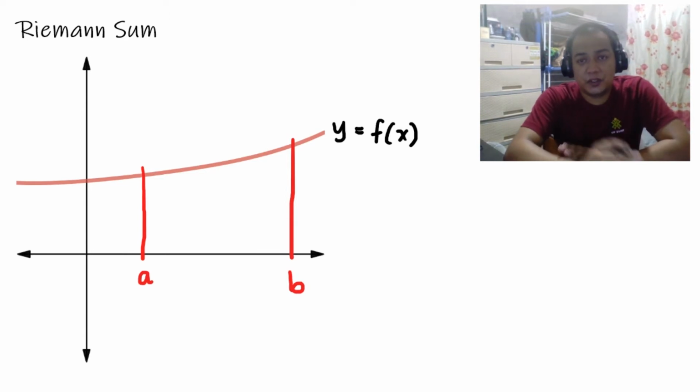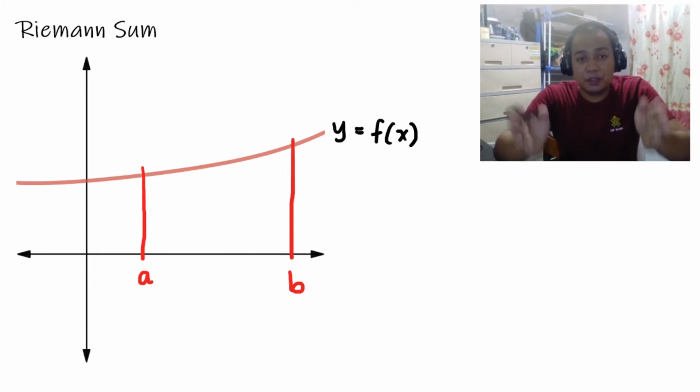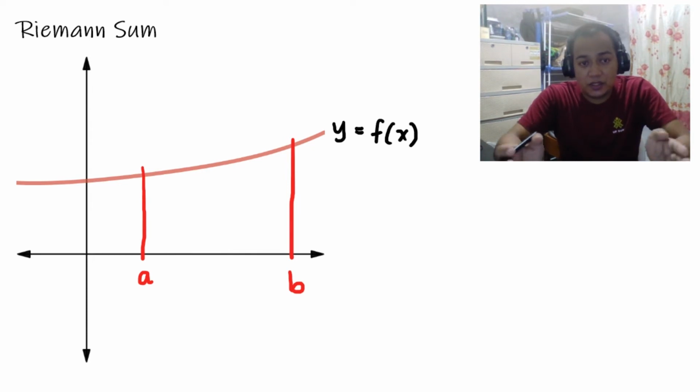And so the first step in calculating for the area is to create rectangles by subdividing this interval into rectangles with equal base.